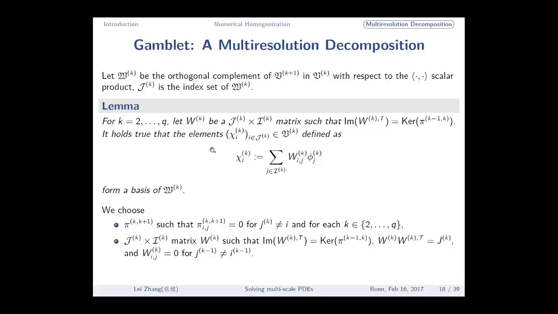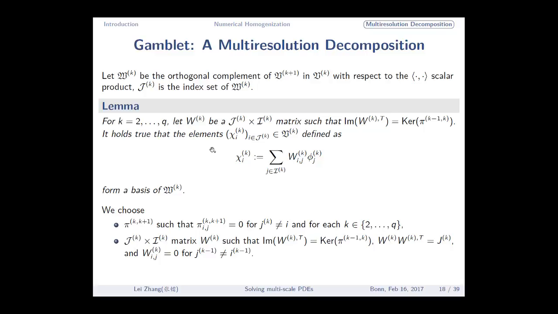Sorry, this should be k minus 1. This is on the coarse basis. This Wk is the orthogonal complement of the basis on the coarse level in the basis at the kth level, with respect to, for example, this scalar product, and we can have the index set of this Wk.